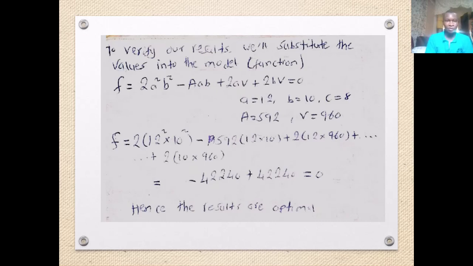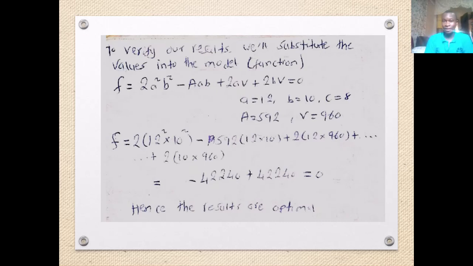So we have there 2a squared b squared minus aab plus 2av plus 2bv equals 0. If that is satisfied with these values, then you are going to say that these results are optimal and very good, and they are going to give us higher returns, more income.